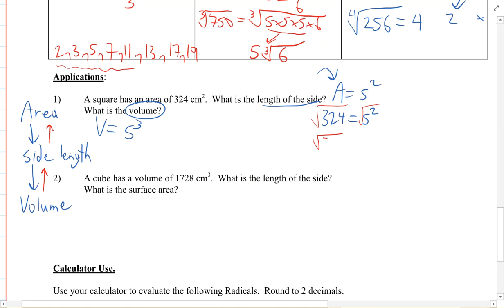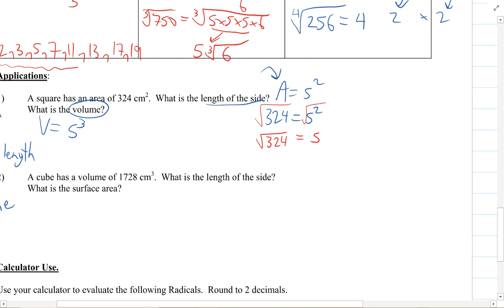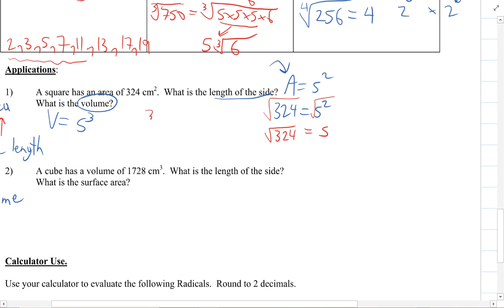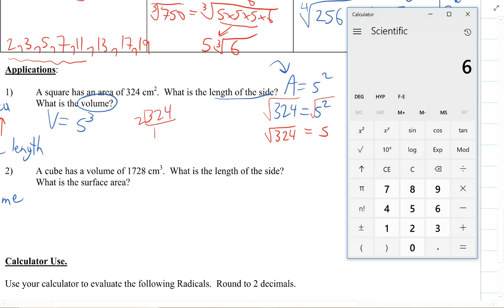So we can say square root 324 equals s. So we simplify the root s squared. And so then we can find 324 divided by 2. Sorry, I got a calculator.